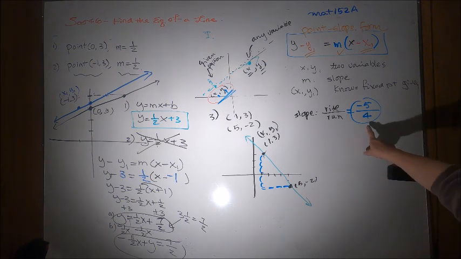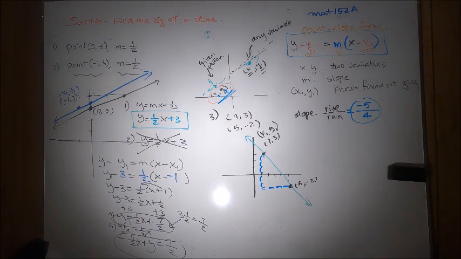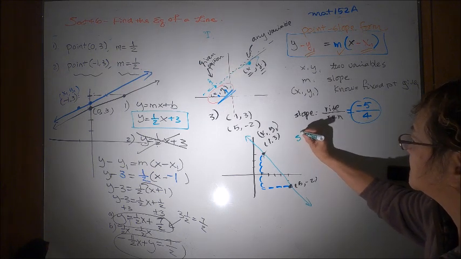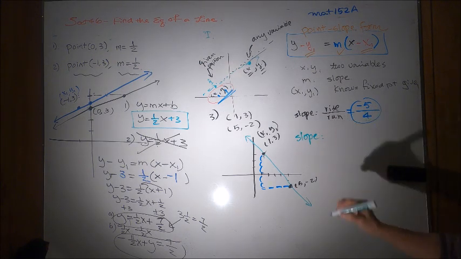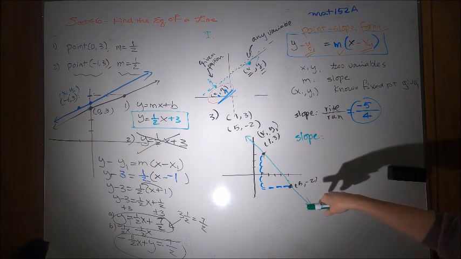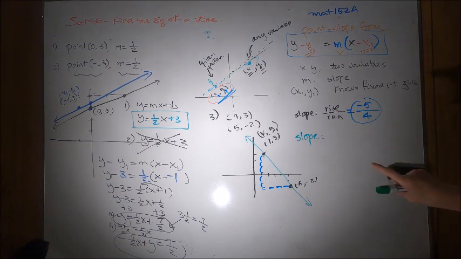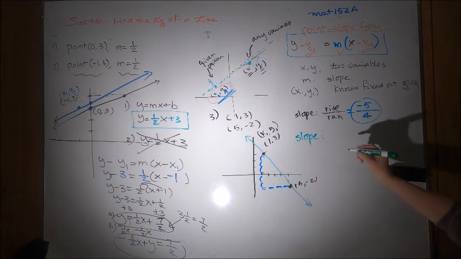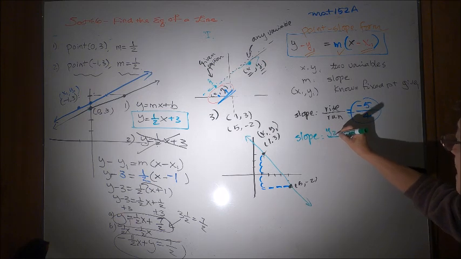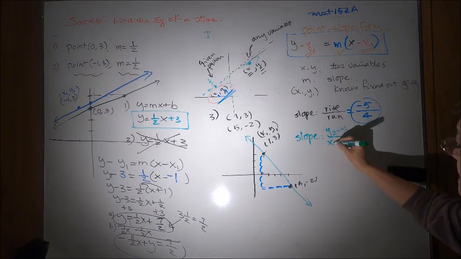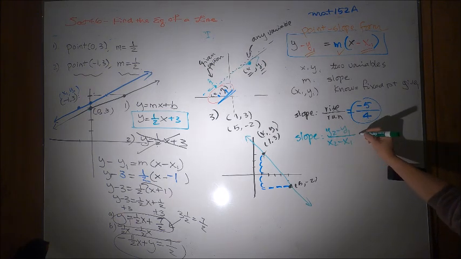First, you have to find the slope so you can plug in, okay? Another way to find the slope, you can do this one. Slope is what? The differences between the rise and differences between the run, right? So you can do y2 minus y1 over x2 minus x1.